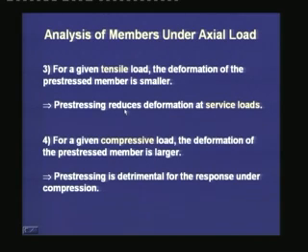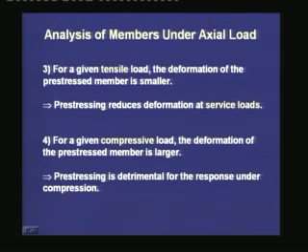Thus, the corollary is prestressing reduces deformation at service loads. Now, this is an important benefit of prestressed concrete members, that if we prestress a member, then we will have less deformation under service loads.